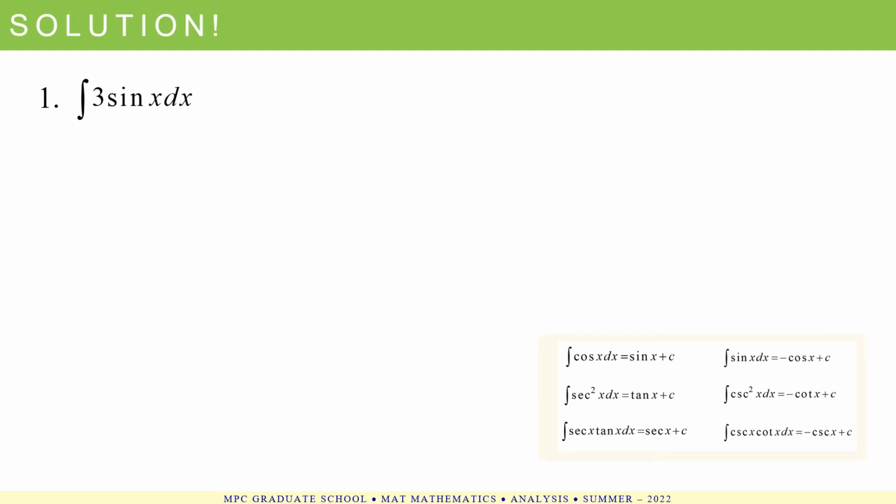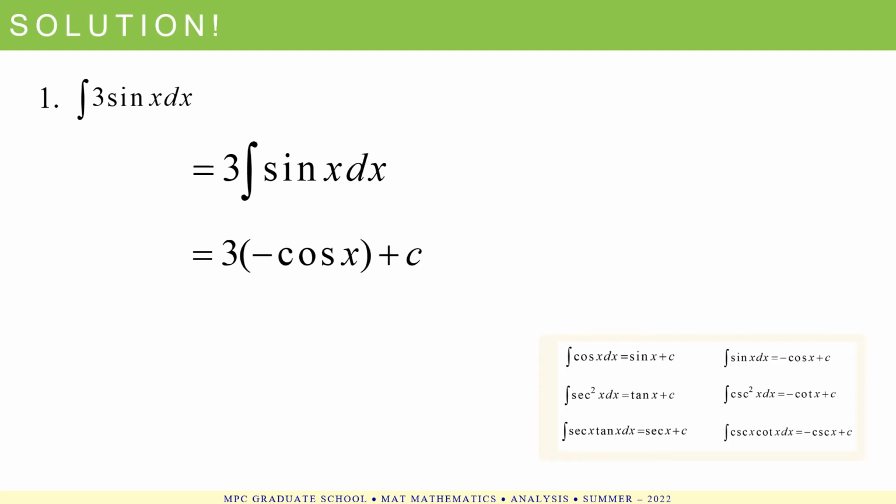Applying it, we have 3 times the integral of sine x with respect to x. Now we can use our formula for the integral of sine x with respect to x. So we have 3 times negative cosine x plus c. Simplifying this, we have negative 3 cosine x plus c, final answer.